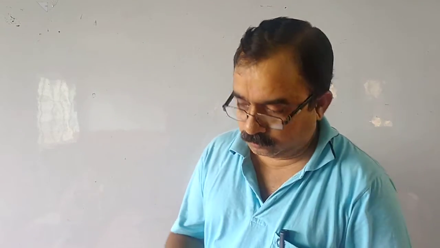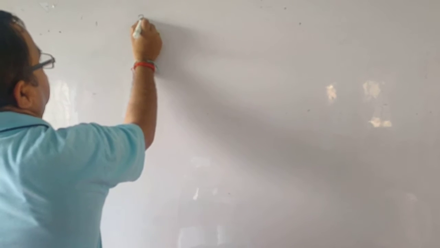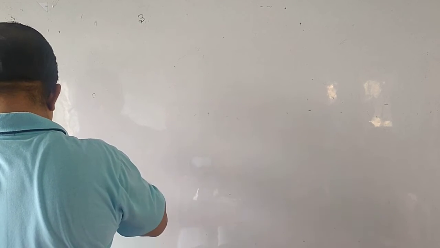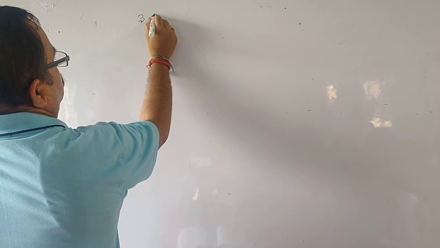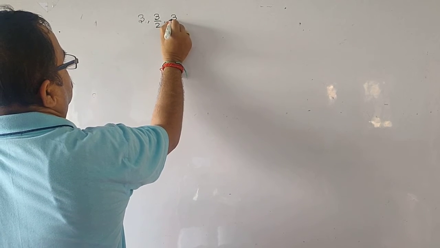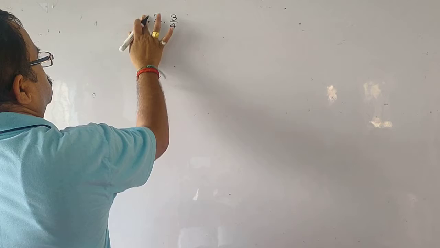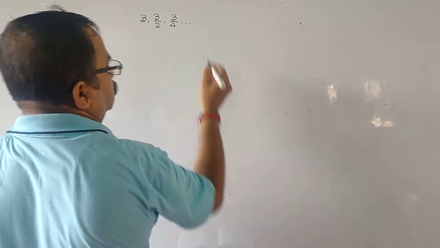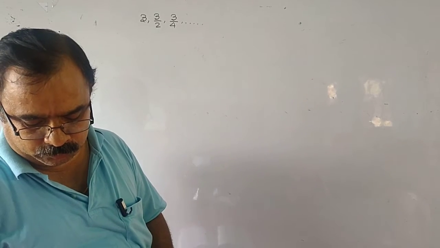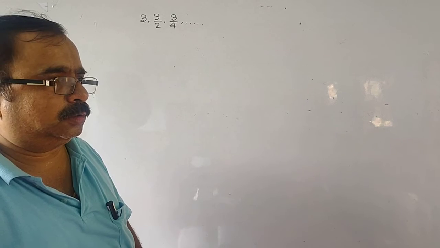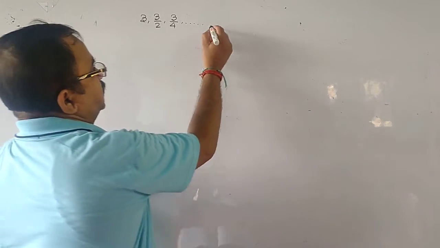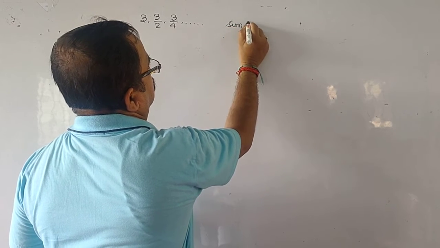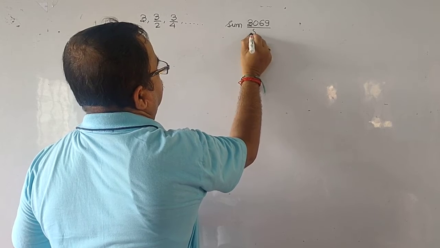How many terms of the GP 3, 3 by 2, 3 by 4, and so on are to be taken to give the sum 3069 upon 512?